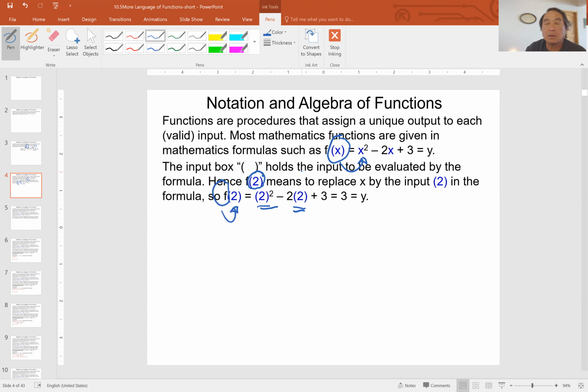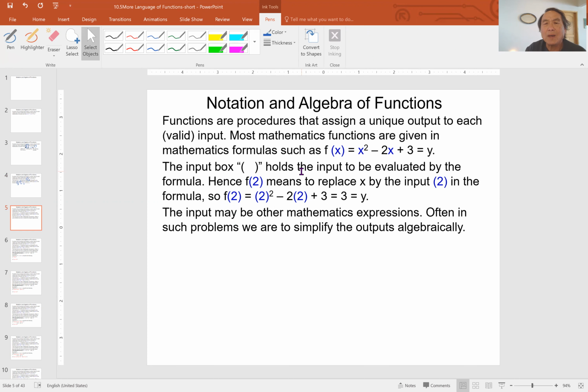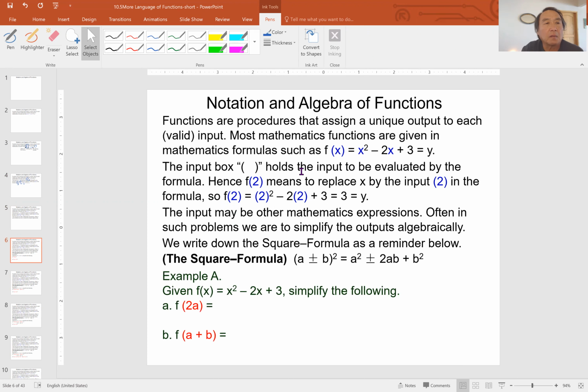So what can we do with functions? Well, one thing we can do, besides evaluating numbers, is put in formulas. Here is an exercise using a formula as the input. Here we want to input the formula 2 times a. You say, what's a? Doesn't matter, it's just a math formula.